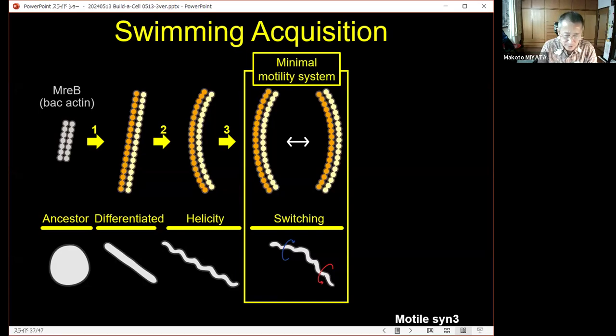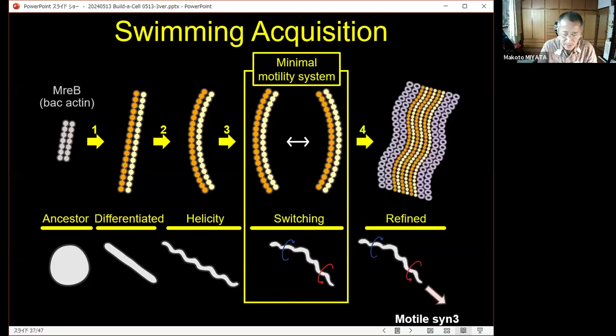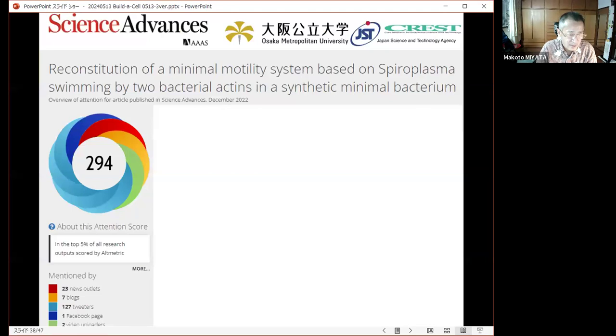Regarding the evolution, they somehow selected, and the system was supported by more differentiated proteins and also other proteins supporting the ribbon, for example fibril proteins. So this is the story of the evolution, the start of the swimming motility of spiroplasma.